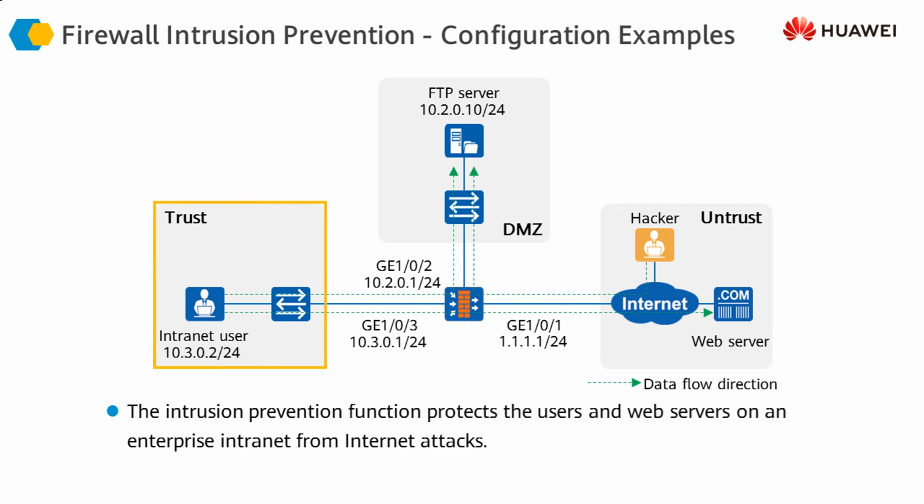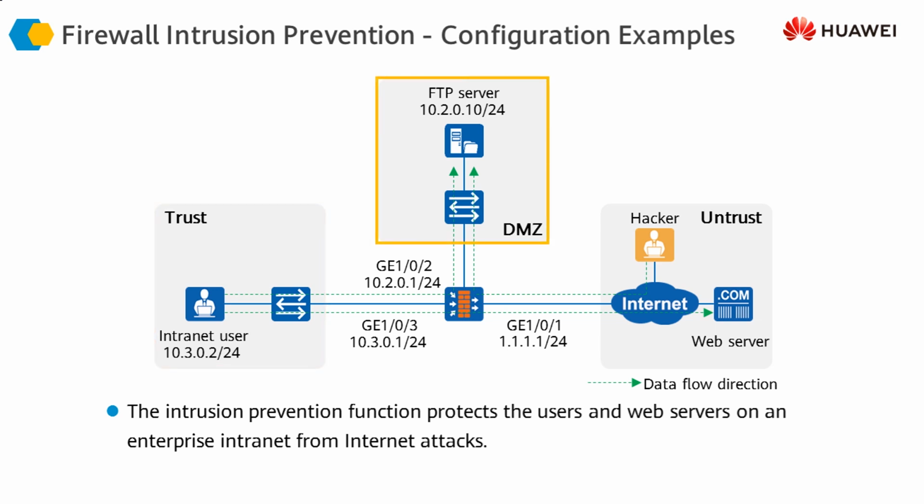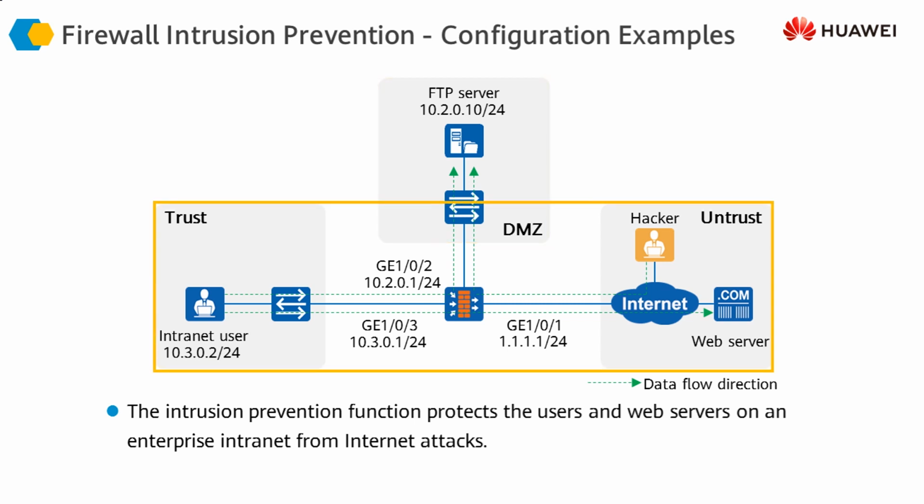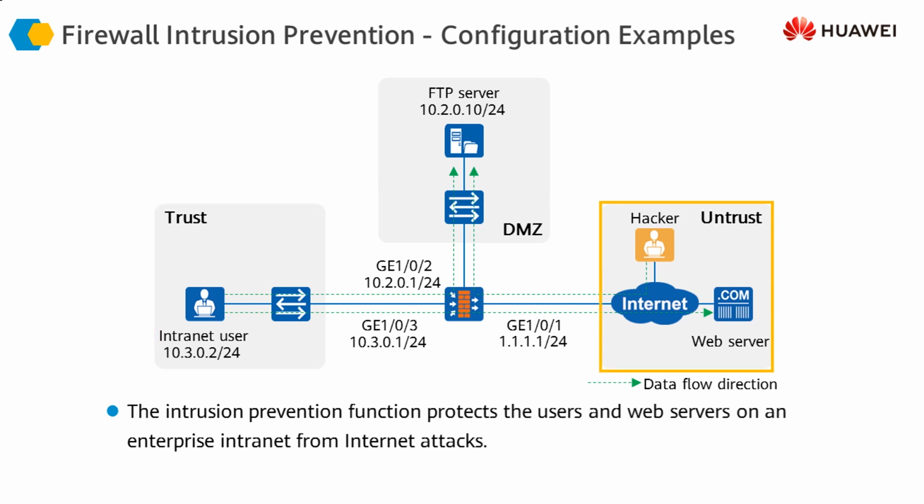The traffic going from the trust domain towards the DMZ also needs to be protected, and the traffic being exchanged between the intranet users and the internet also needs to be protected. In order to protect all this traffic, we have to configure appropriate security policies within the firewall, and those policies are going to refer to security profiles.